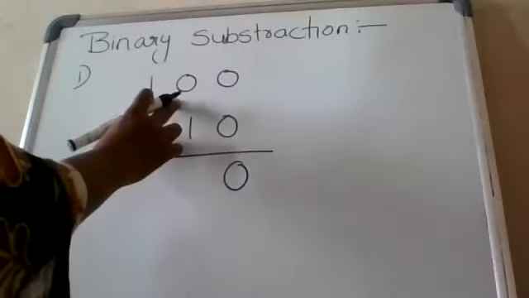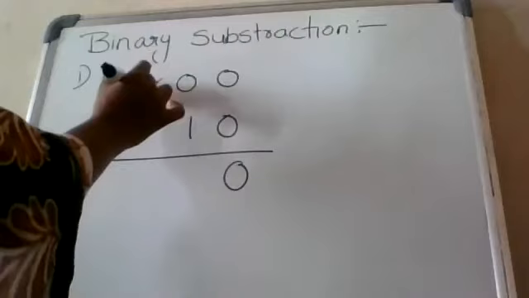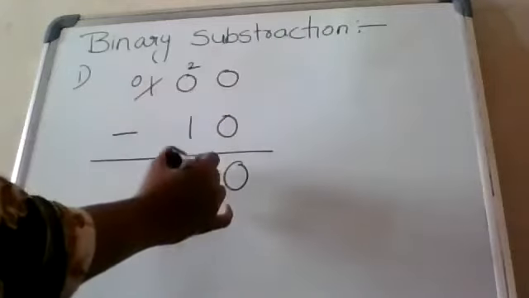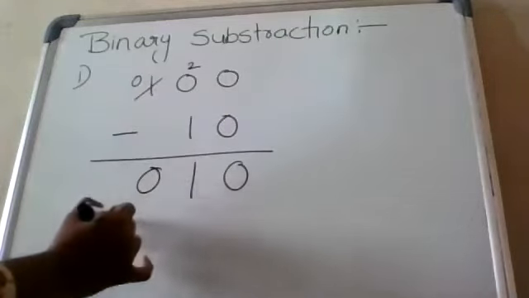Here 0. Take the borrow from this number. 2 minus 1, 1. Here 0.